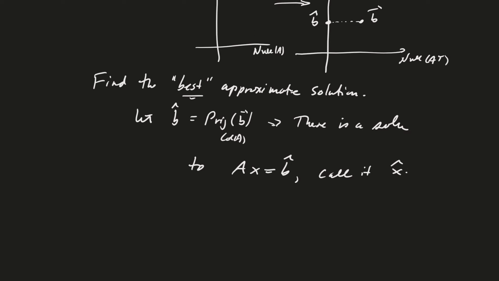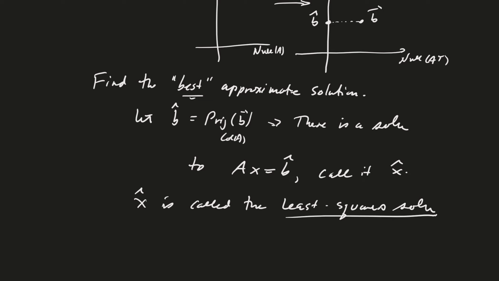And so what we say then is x hat is called the least squares solution. Okay, and remember now, x hat does not solve Ax equals b. x hat solves Ax equals b hat, where b hat is the projection.